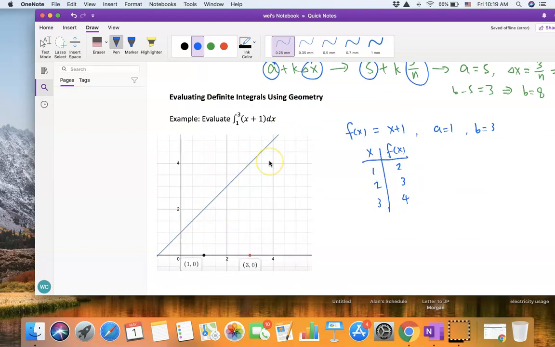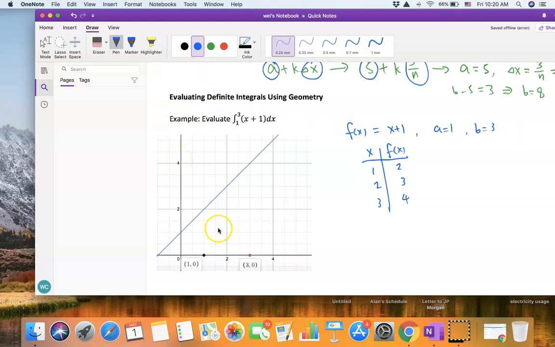Now next, we need to draw the bounded region. The region is bounded by the graph of this straight line, by the x-axis, and by the two lines x equals 1 and x equals 3.